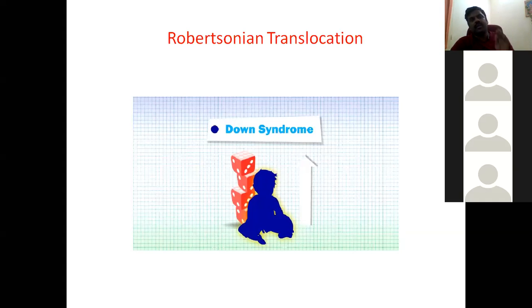Then you will also receive one copy from the mother. When these segregate separately, ultimately the presence of extra chromosome 21 in one of the parents will be added up. So along with the already existing two 21 chromosomes, there will be another chromosome, that is trisomy.